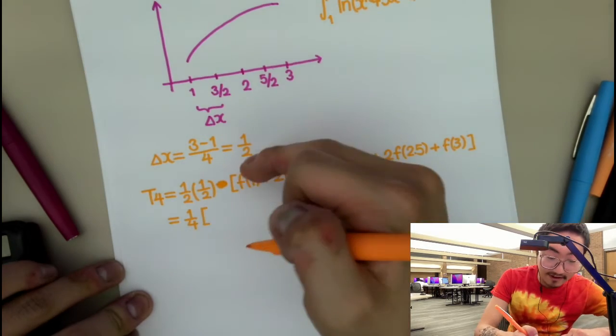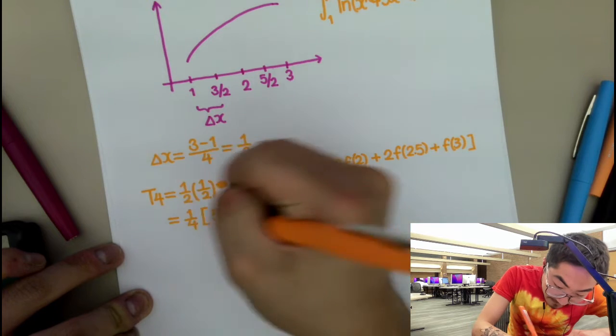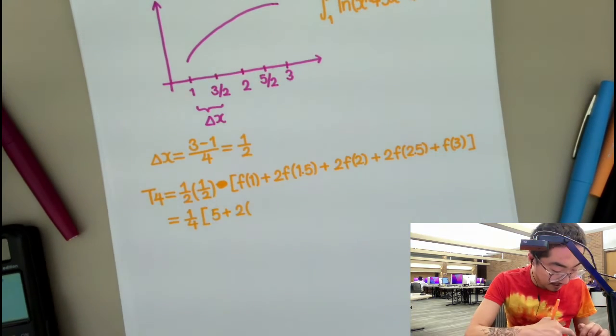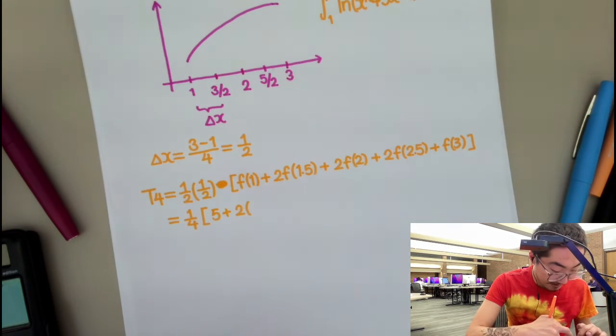So it's 1 plus 5, then 2 times 1.5 to the 10th plus 6.5.